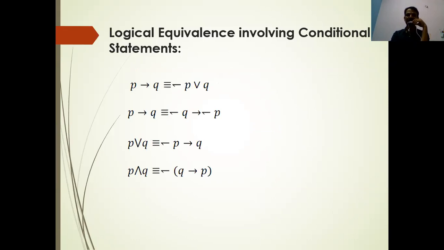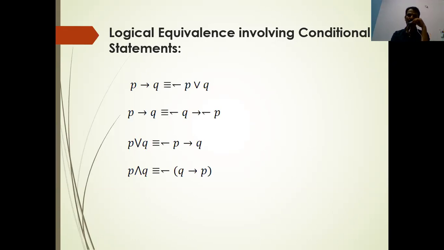Logical equivalences involving conditional statements, that is, implies and bi-implies statements. P implies Q is equivalent to negation of P or Q. Please work out whether the truth tables for the LHS and RHS are the same or not.